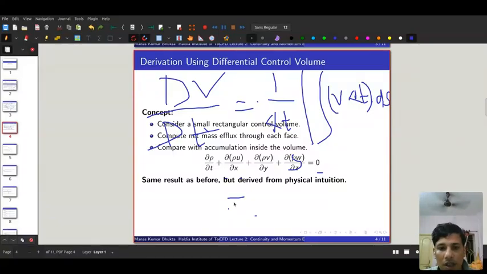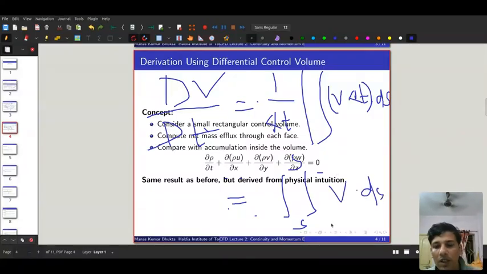So again it is equal to the surface integral over S of V into dS. So this is the thing.